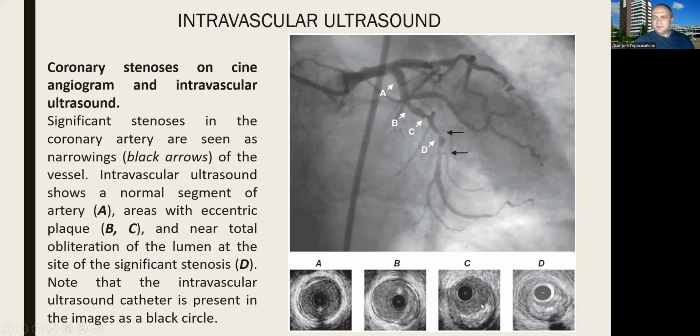And D, this is obliteration of the lumen at the site of the significant stenosis. Here is only a light region you see, and this is significant stenosis, near this black arrow, so this is the place of obliteration.